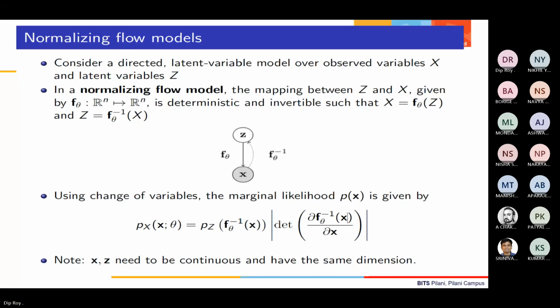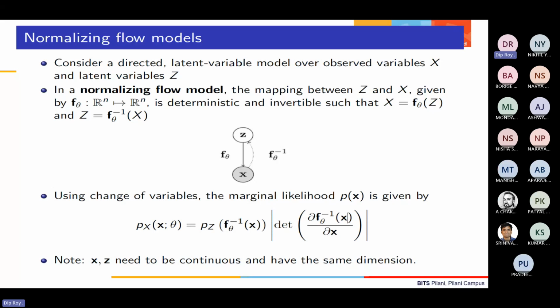Now we wanted to see if, by design, we can do something which can take Z and map it to an X, or take X and map it to a Z and vice versa. It's an invertible mapping, and those invertible mappings were achieved via the change of variable formula.